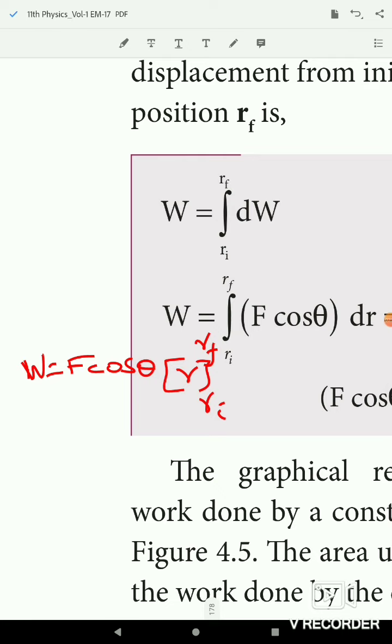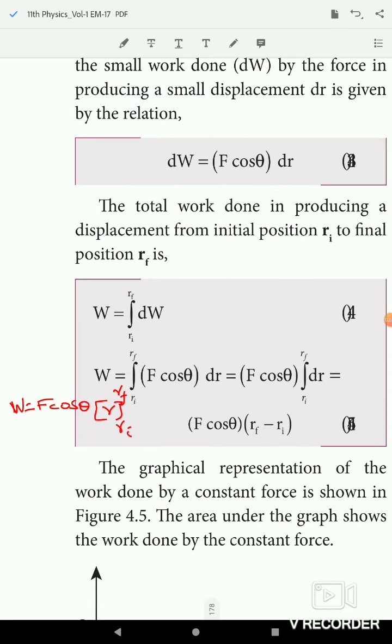So you apply the limits: you get upper limit minus lower limit. The upper limit is Rf and the lower limit is Ri. So you rewrite this equation: W is equal to F cos theta times (Rf minus Ri).